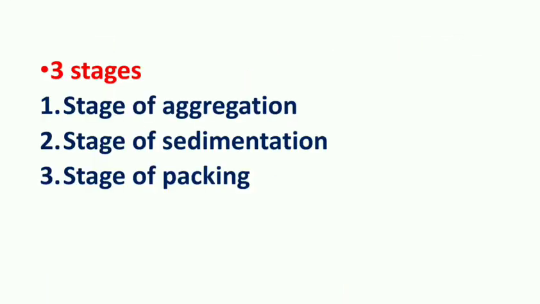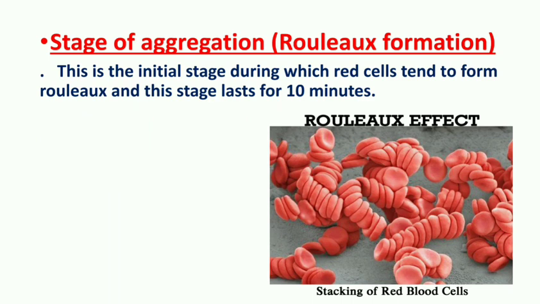Next, ESR has 3 stages: stage of aggregation, stage of sedimentation, and stage of packing. This whole process takes about 1 hour. First, looking at the stage of aggregation or rouleaux formation.